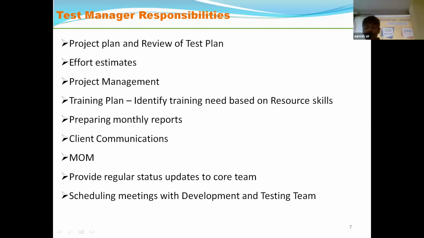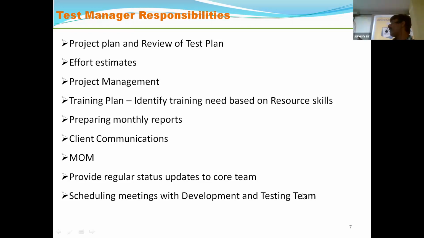That core team is nothing but the client only. The terminology core team here is nothing but the client. So the client needs to be given regular updates here. Along with that, the manager takes care of scheduling the meetings with the development team and testing team.